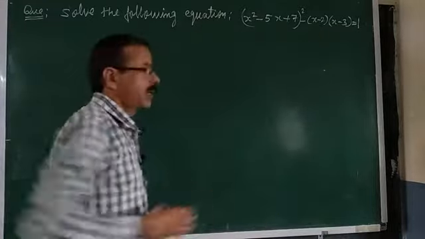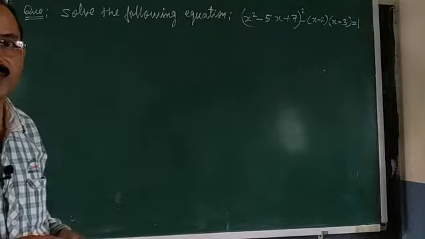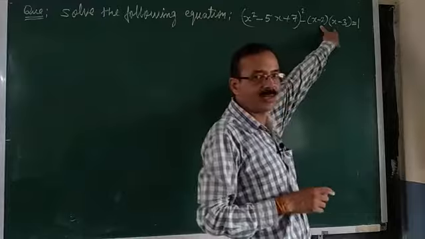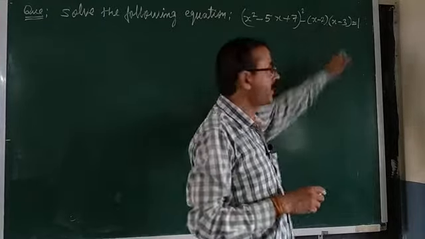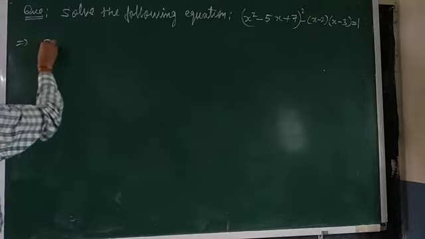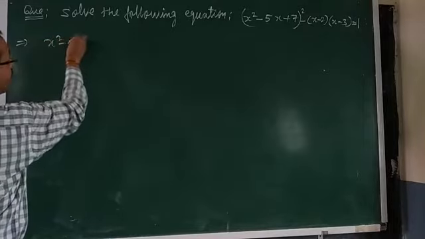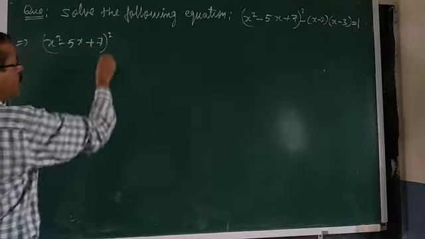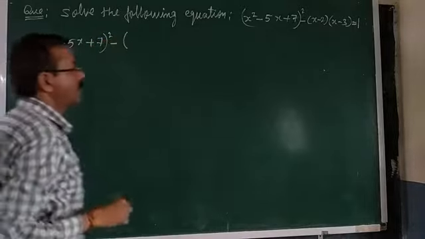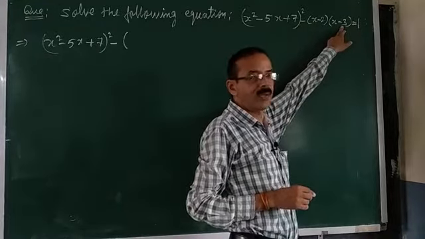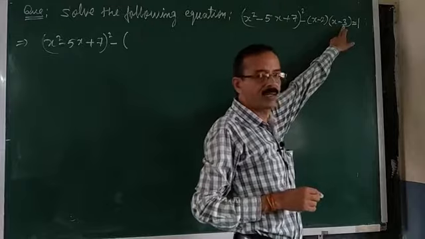First we have to convert this into the form of a quadratic equation, x square plus bx plus c. पहले उसमें हम convert करते हैं. If we multiply these two brackets, what should your answer be? First you write this: (x square minus 5x plus 7) whole square minus, if we multiply this, x square minus 2 minus 3, that is minus 5, and minus 2 into minus 3 that is 6.